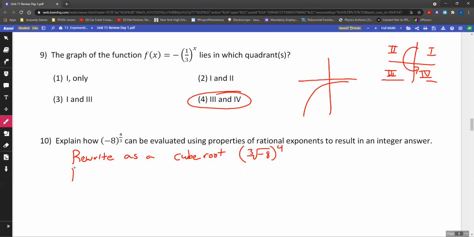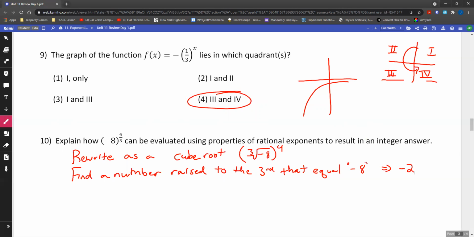Then you find a number raised to the 3rd that equals negative 8. In this case, that would be negative 2.